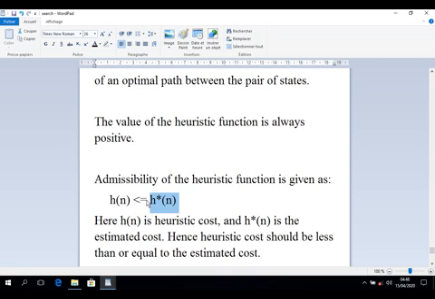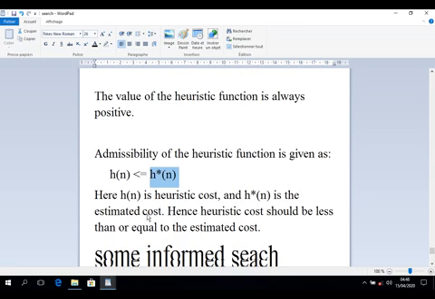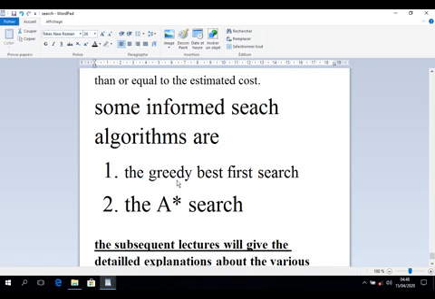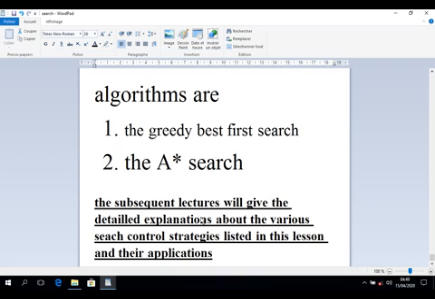It means that the heuristic value should be less than or equal to the estimated value. Now, some informed search algorithms. You have the greedy best first search, the A star search.